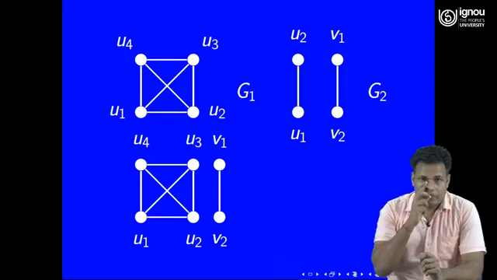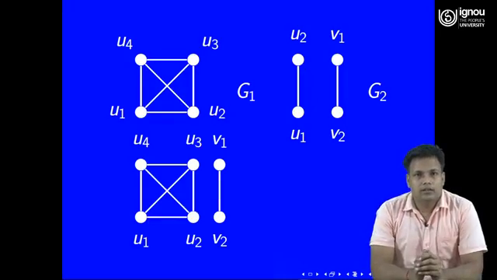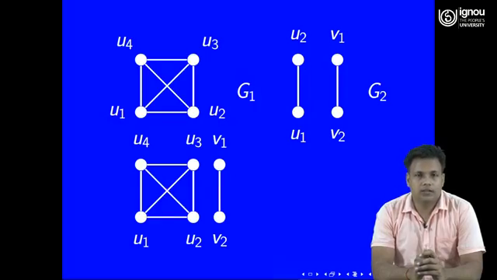For example, let's look at the graphs G1 and G2 shown here. The graph G1 has 4 vertices U1, U2, U3 and U4, each of them adjacent to every other, and the graph G2 also has 4 vertices, namely U1, U2 and V1, V2. But there are only 2 edges in G2, U1U2 and V1V2.